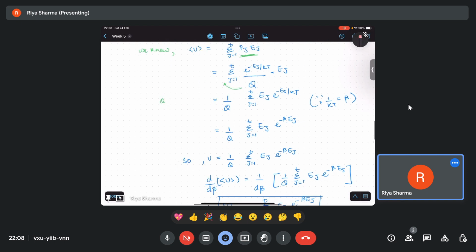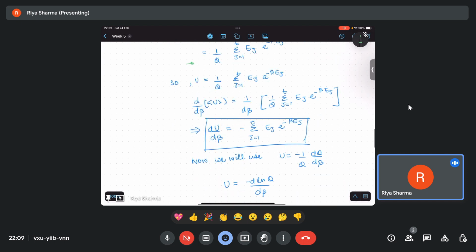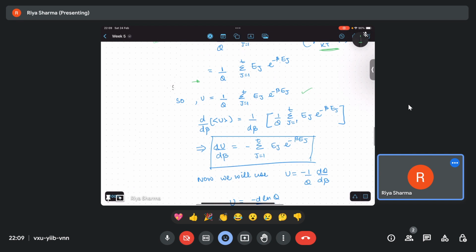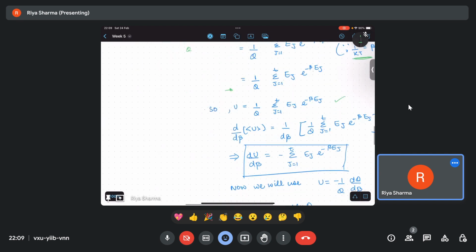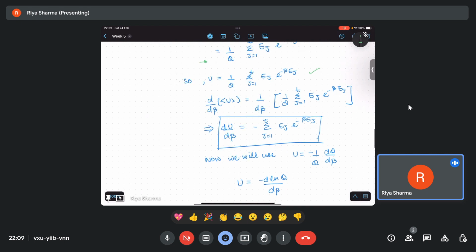Okay. Now here we just turn 1 by kT equal to beta, and then we got this solution. So what we got: U equals 1 by Q sum of E_j e raised to minus beta E_j, right? Now we will differentiate this, the average of U, with respect to beta, and we got a formula which will tell us something.